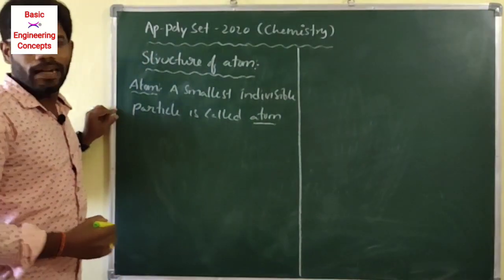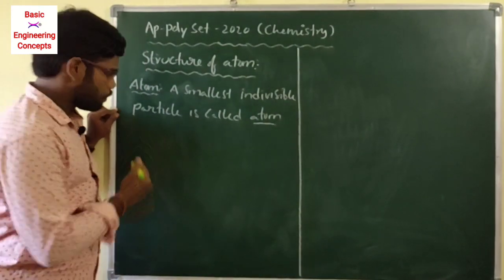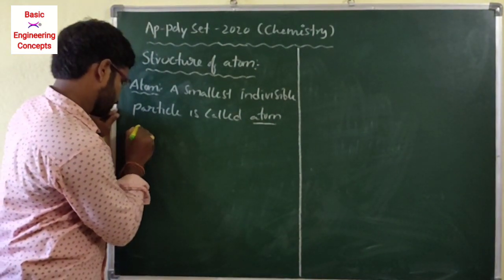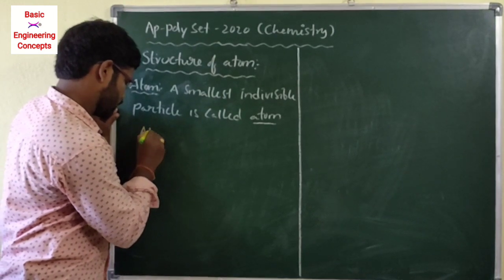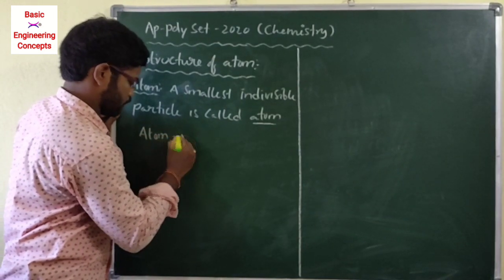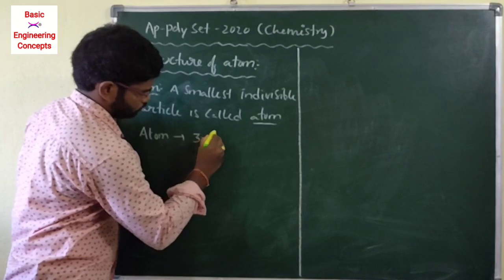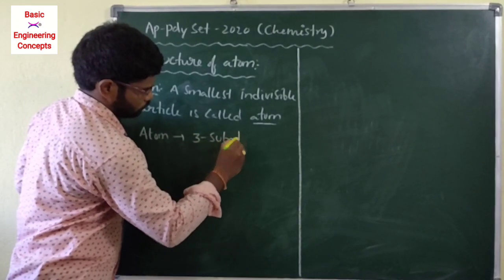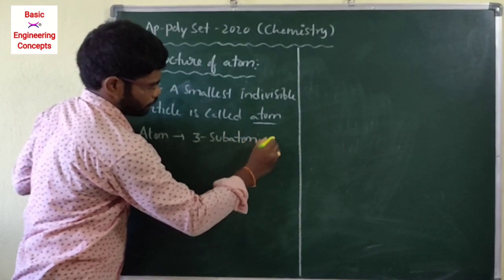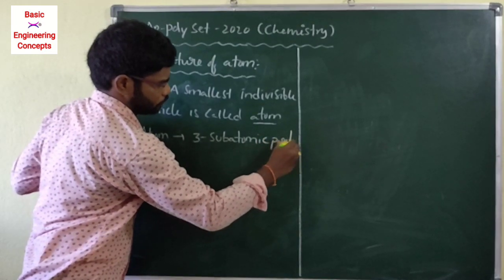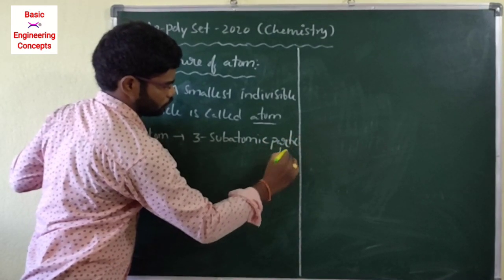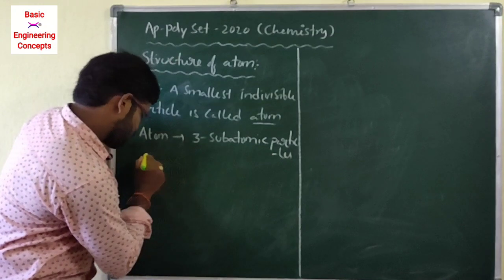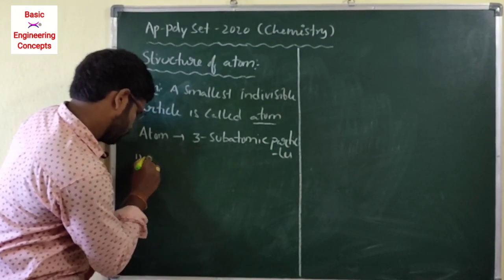Every atom contains 3 subatomic particles. First one is the proton.